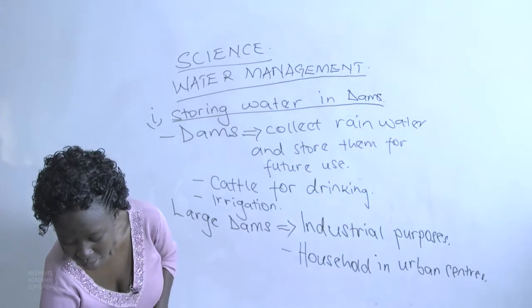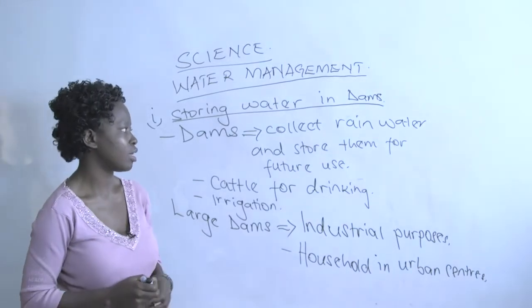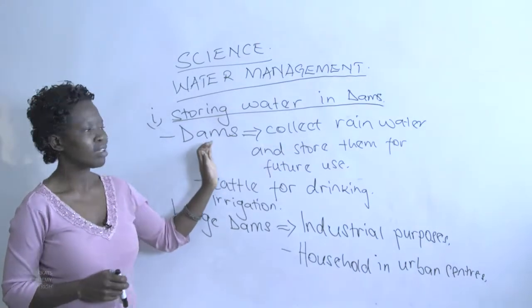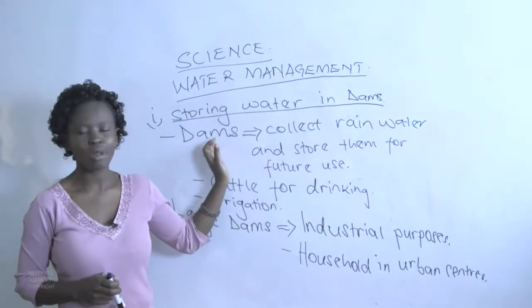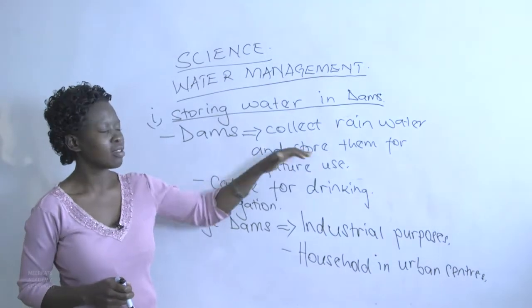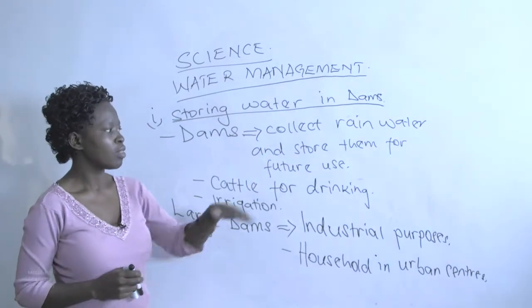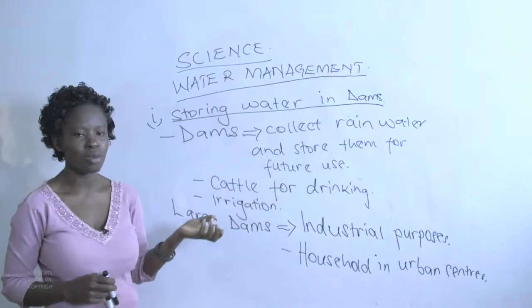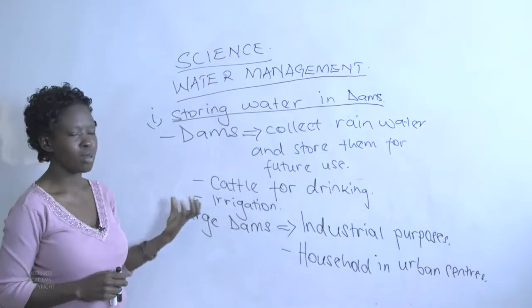So we discovered that the dams that have been constructed are very useful in that the rainwater is collected in the dams, then it is stored for future use. The water that has been stored can be used for various activities depending on how much water has been collected.